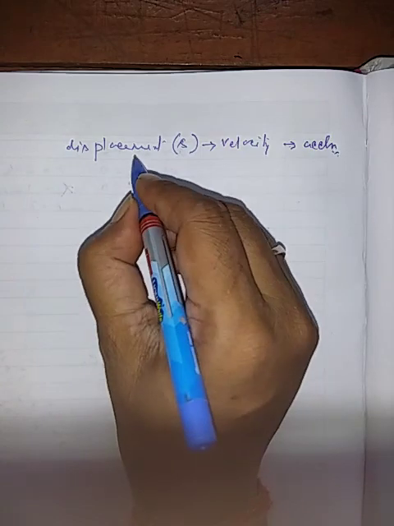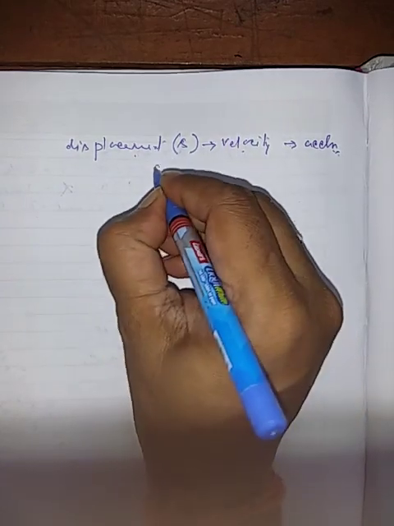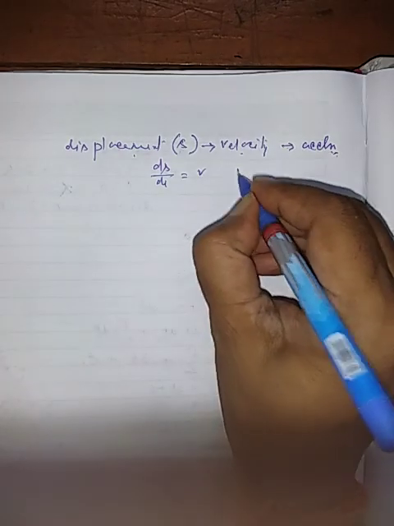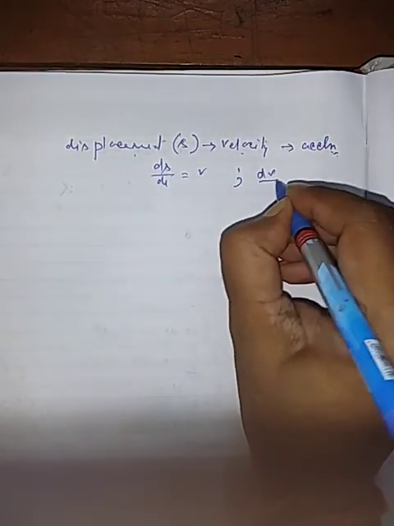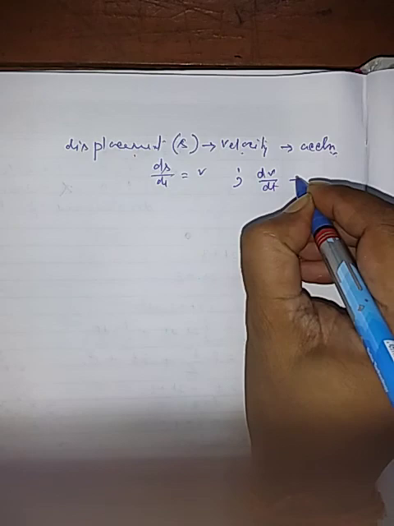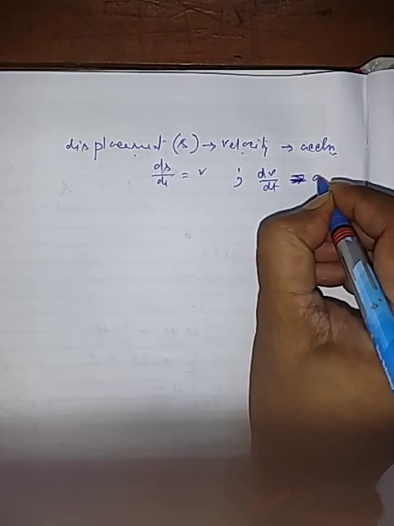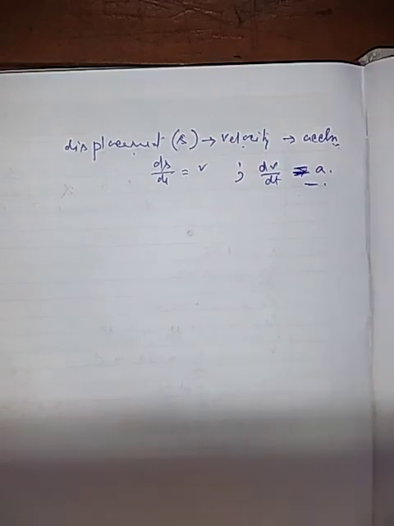If we differentiate displacement, it becomes velocity, that is ds by dt is v, and if we differentiate velocity, we get acceleration. dv by dt is your acceleration.